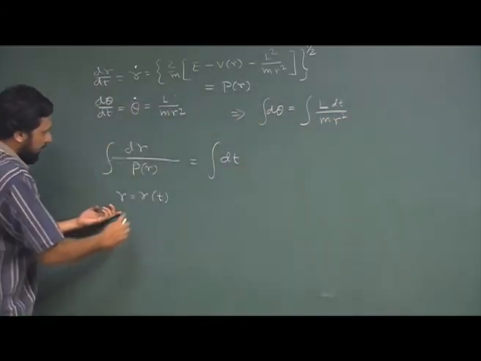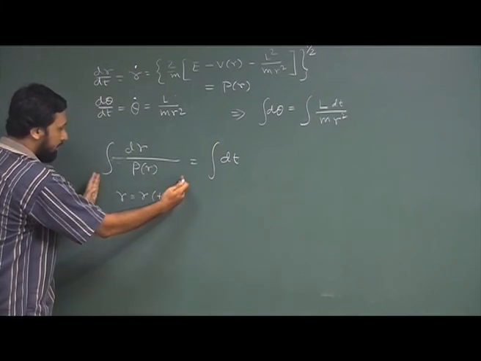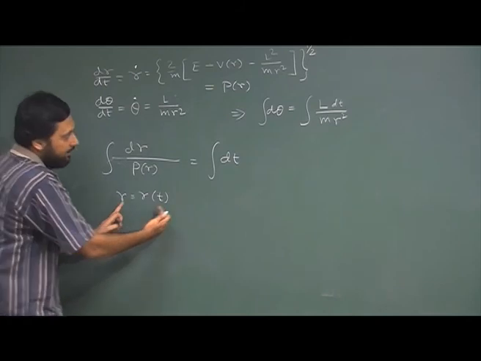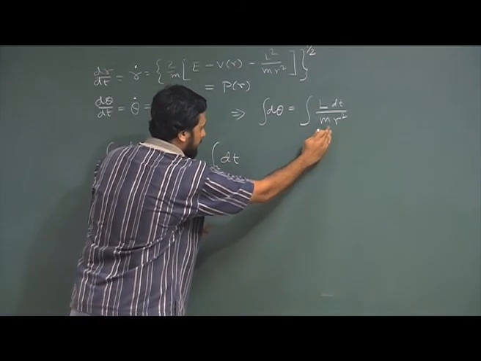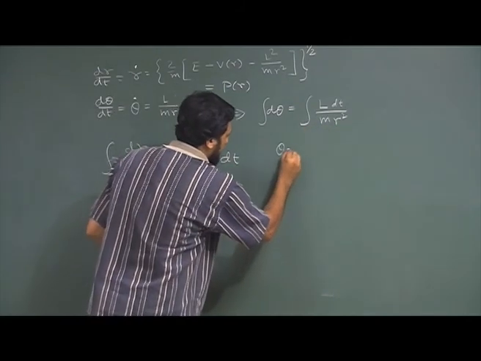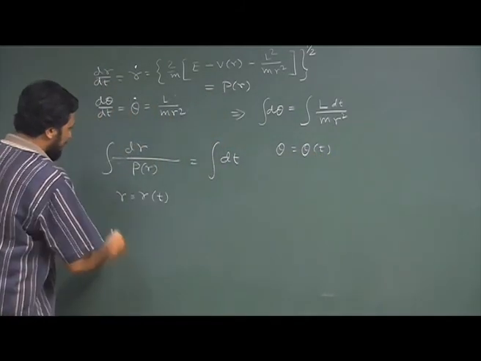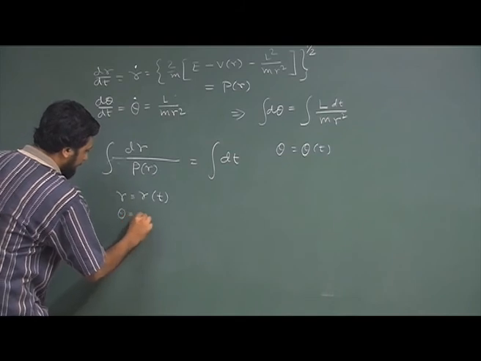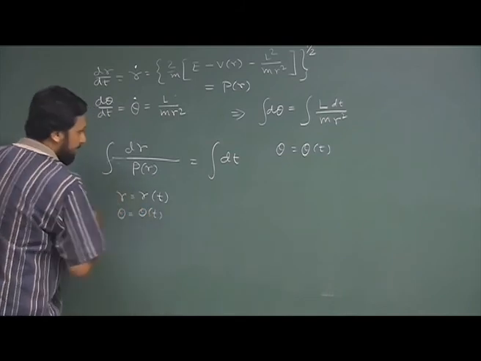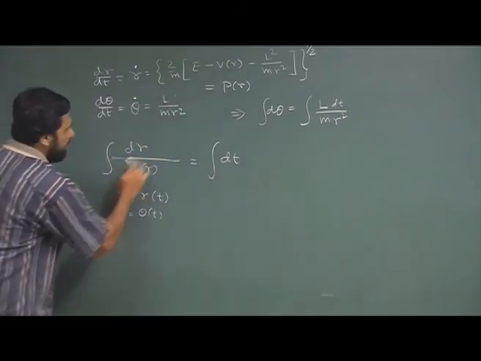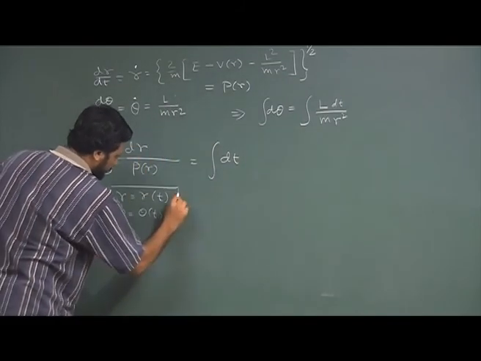Once we could integrate this part, we can take r as a function of time, substitute it back in this equation, and then we can get theta as a function of time. So, essentially we get r as a function of time, theta as a function of time, and in principle once we can perform these two integrals, the problem is totally solved.